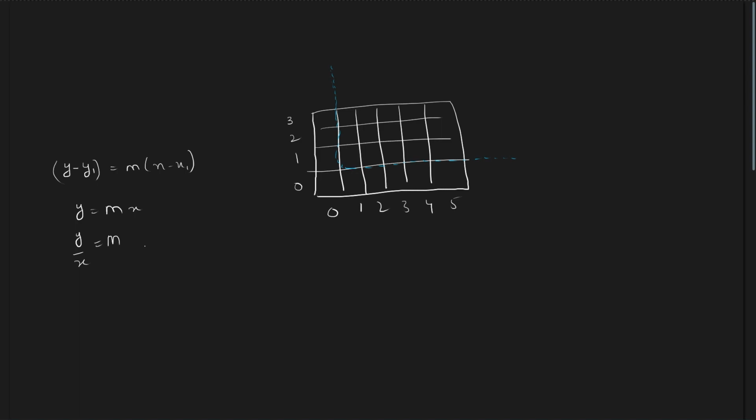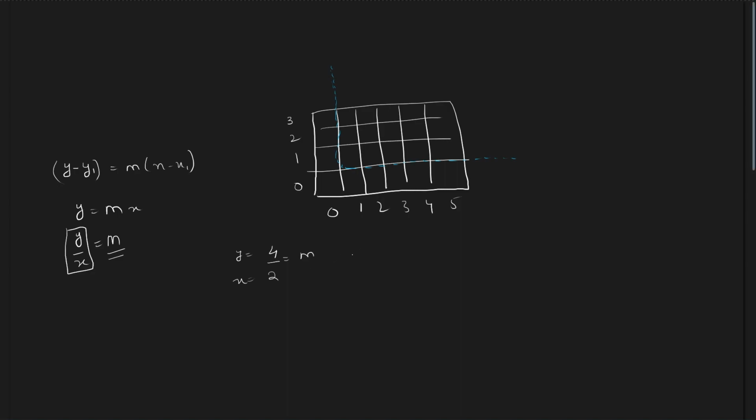So what information do we get from this particular value? It means any integers x and y that satisfy this particular condition will lie on this particular line, right? So for example, if you have 4 and 2, this is the current value of y and x. So y is 4 and x is 2, and that is equal to m.